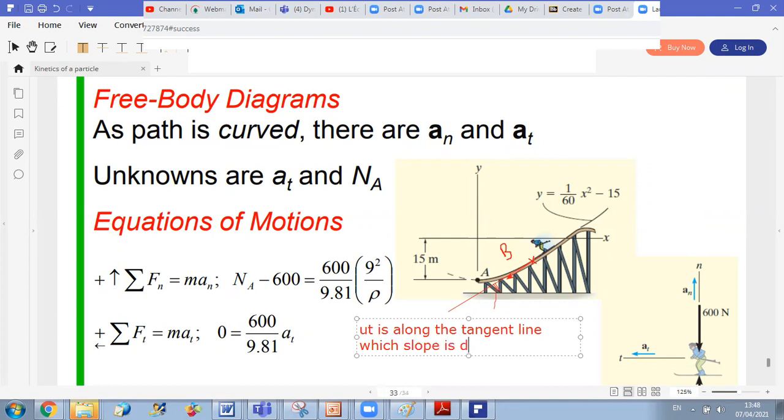So at any value of x, you can calculate the angle theta.